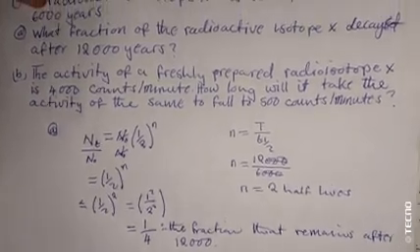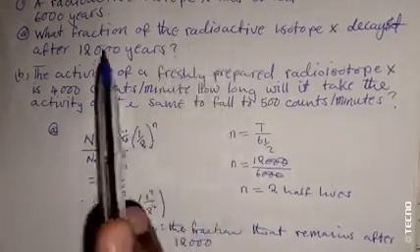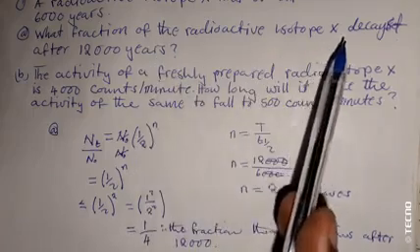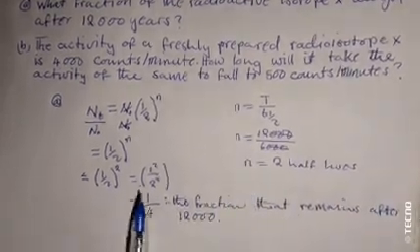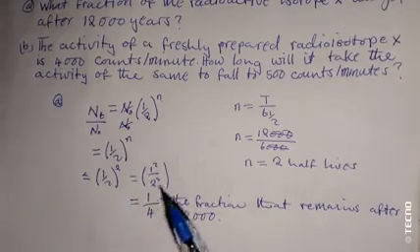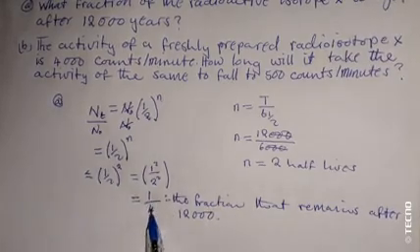The question is asking us to calculate the fraction of the radioactive isotope X that decays after 12,000 years. If the question had asked for the fraction that remains after 12,000 years, this would have been the answer.